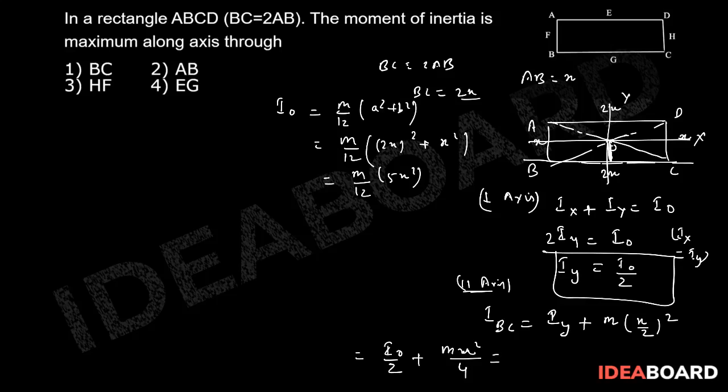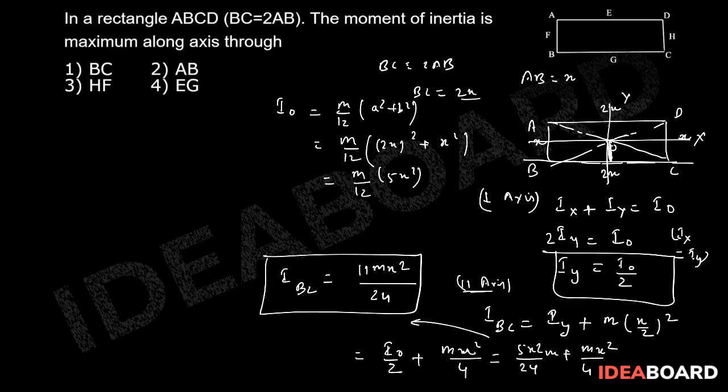Putting the value of I0, this will be 5x squared by 24 into m plus m x squared by 4. That gives 5 plus 6, 11 m x squared by 24. This is the value of I along BC, correct?